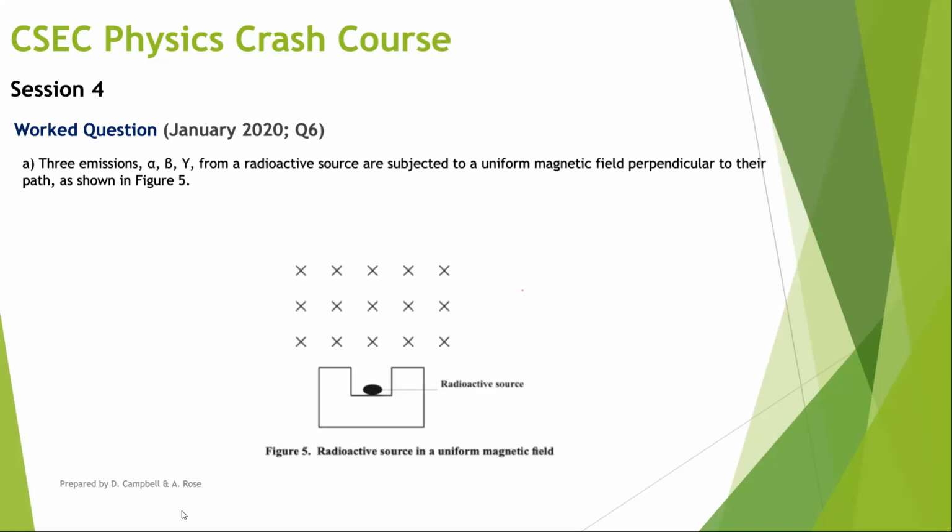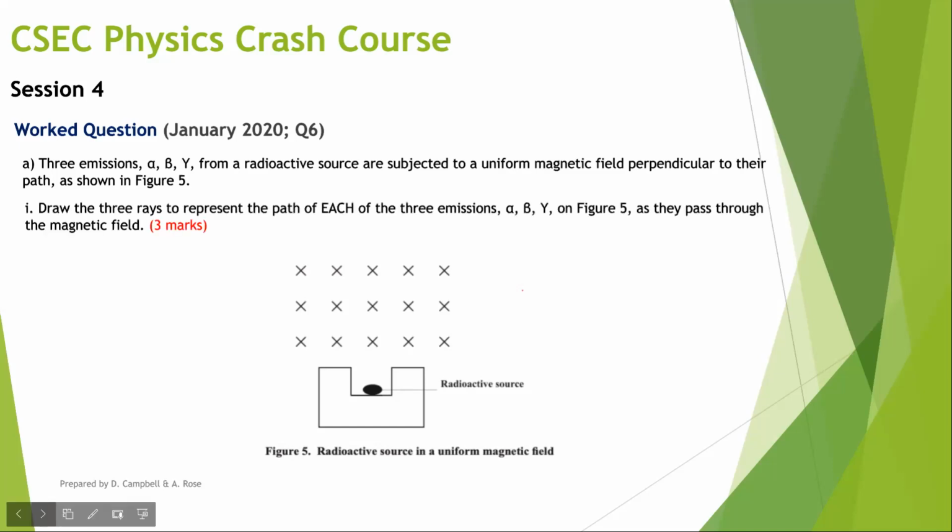So we are asked to trace the path of the 3 emissions as they pass through the magnetic field. So we need to draw 3 rays to represent the path of the alpha, beta, and gamma radiation respectively.